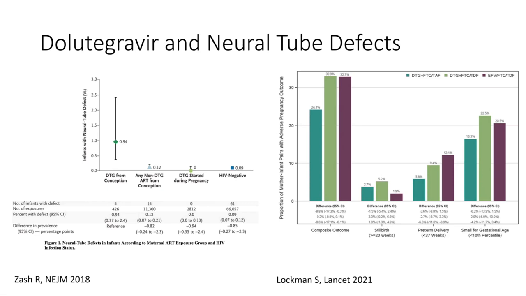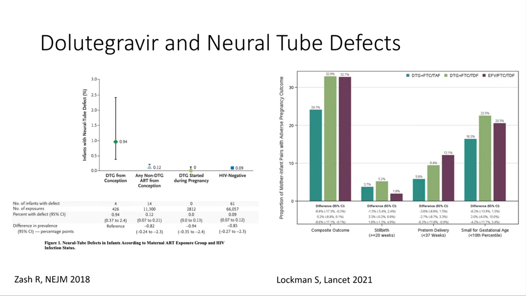I forget, had switched from an efavirenz-based regimen to a dolutegravir-based regimen. So then they were monitoring all babies born, and there were 400 babies. Out of that, there were 4 with neural tube defects, obviously much higher than we typically see. So everyone was like, whoa, let's figure this out. But then since then, multiple studies and larger studies have shown that there is no increased risk.